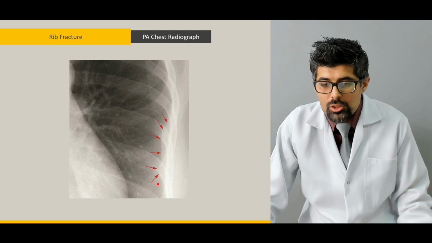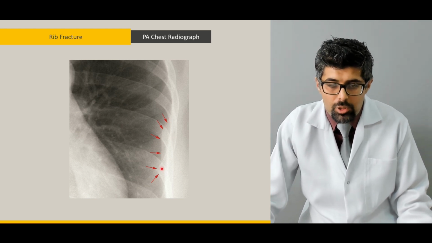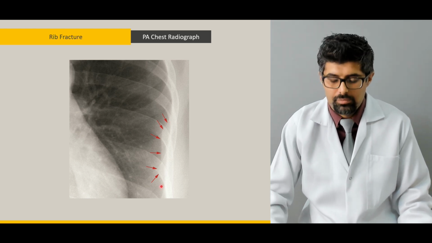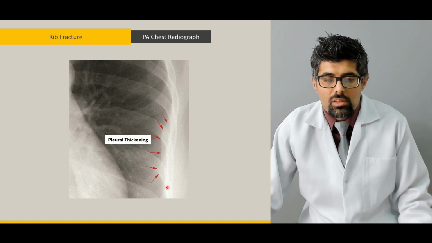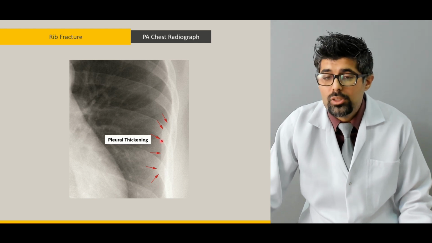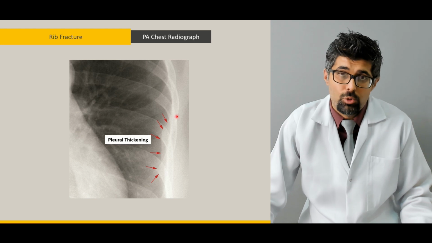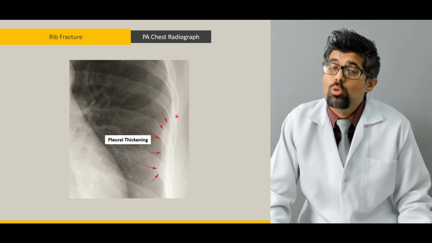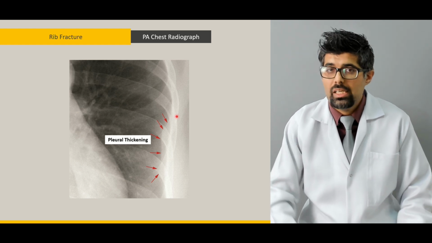It is just focused in this part, and in this part the pleura is visible and thickened. So because of the pleural thickening and because of its focal nature, we can tell that it's a hemothorax, or it could be a pneumothorax, but that is a topic for the next.